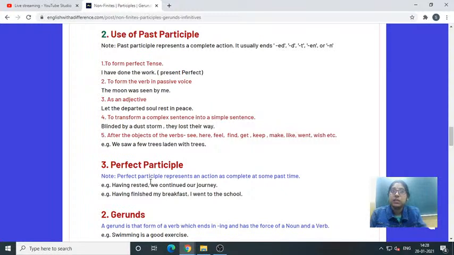Having rested, this is the use of perfect participle. Just remember uses of perfect participle. Most of the children make mistakes while writing perfect participle. Next one is, having finished my breakfast, I went to the school. So this is another example. Okay, so you understood perfect participle, past participle and present participle.